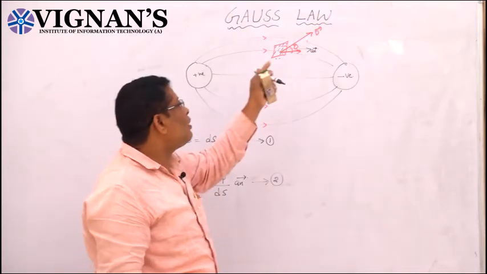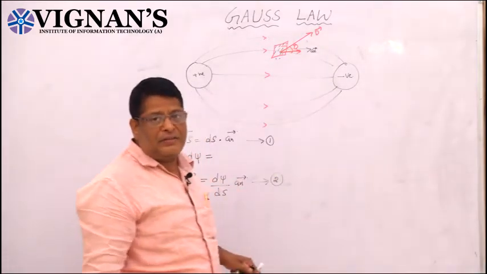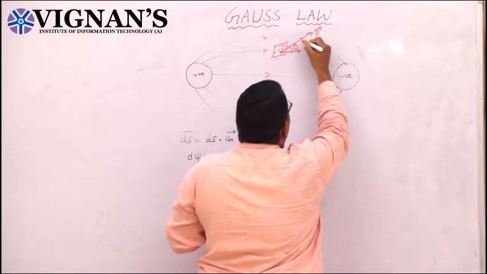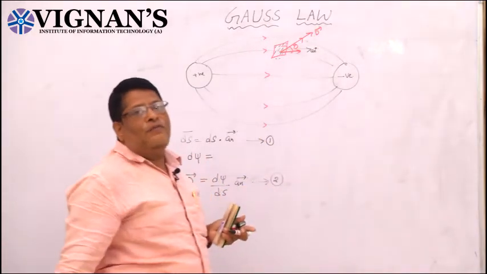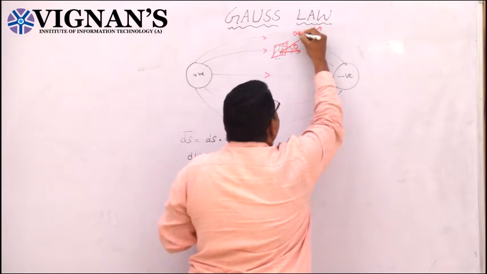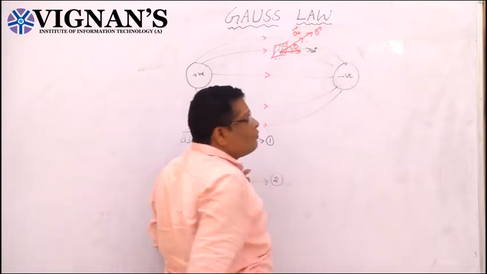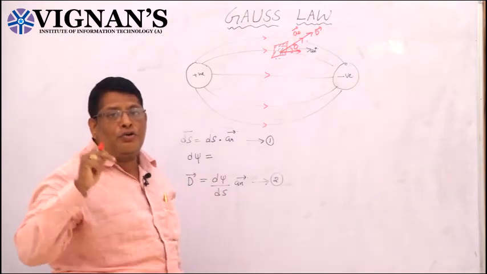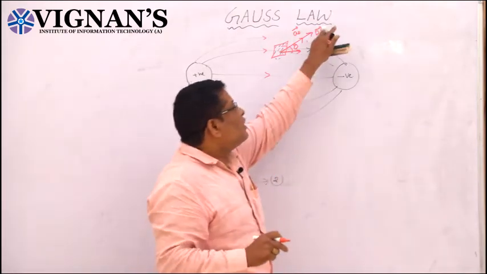Now, how are we going to represent this D bar? Take a unit vector in the direction of D bar, that is a suffix D bar. A D bar is nothing but a unit vector in the direction of D bar.